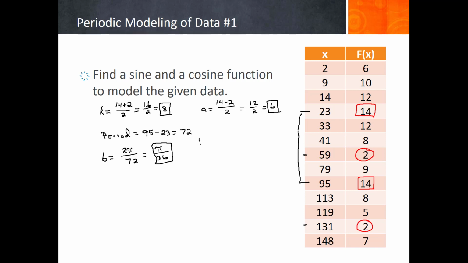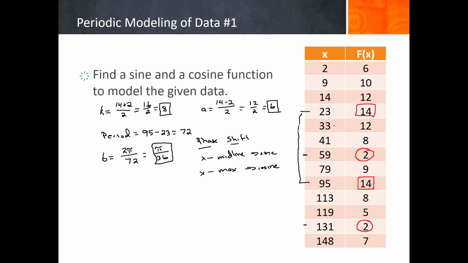To find our phase shift, we're trying to find the x value at the midline, and this is for sine, and for cosine we want to find the x value, if possible, at the maximum. So that's going to be for cosine.